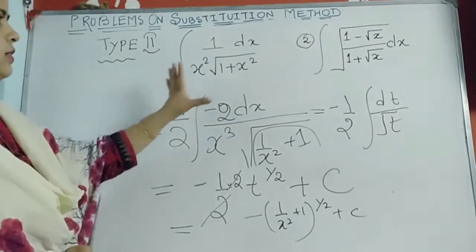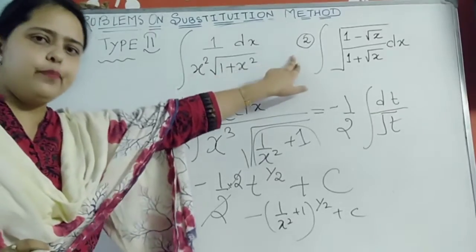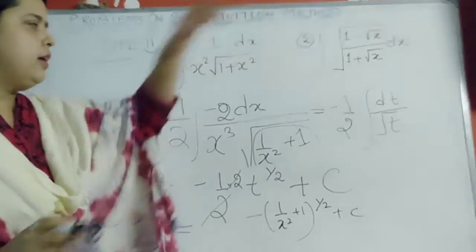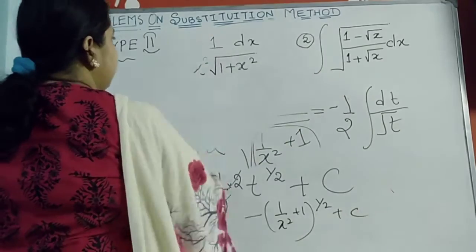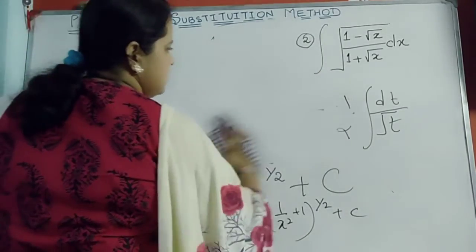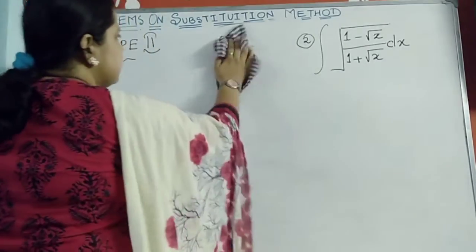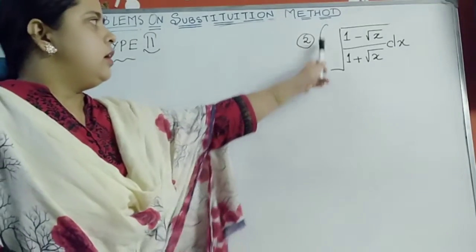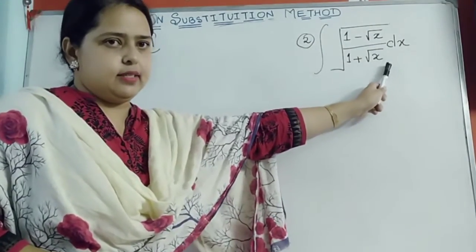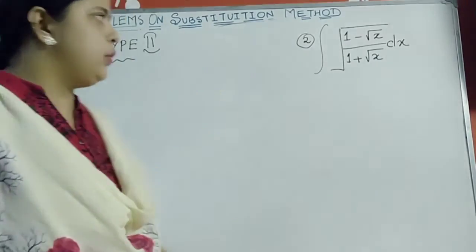So along with this next category, I have already chosen one more problem for you where I am going to substitute something else from the very beginning. So have a look on the second problem. What is written? It is root over of 1 minus root x by 1 plus root x.